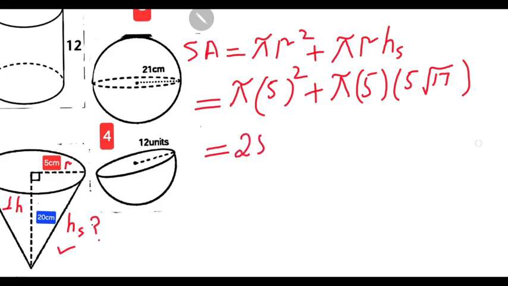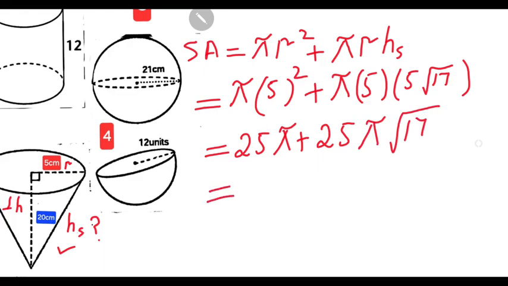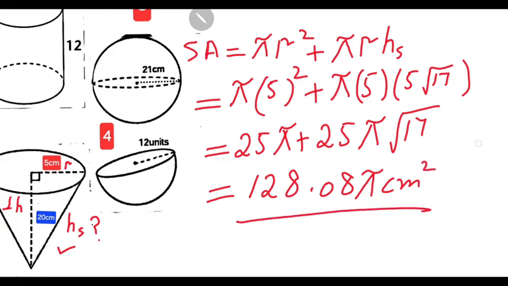This becomes 25 pi, plus this side I use the calculator, becomes 25 pi multiplied by square root of 17. Now I must add, so I use my calculator. The answer is going to be 128.08 pi centimeter square, because surface area is square. So this is my final answer.